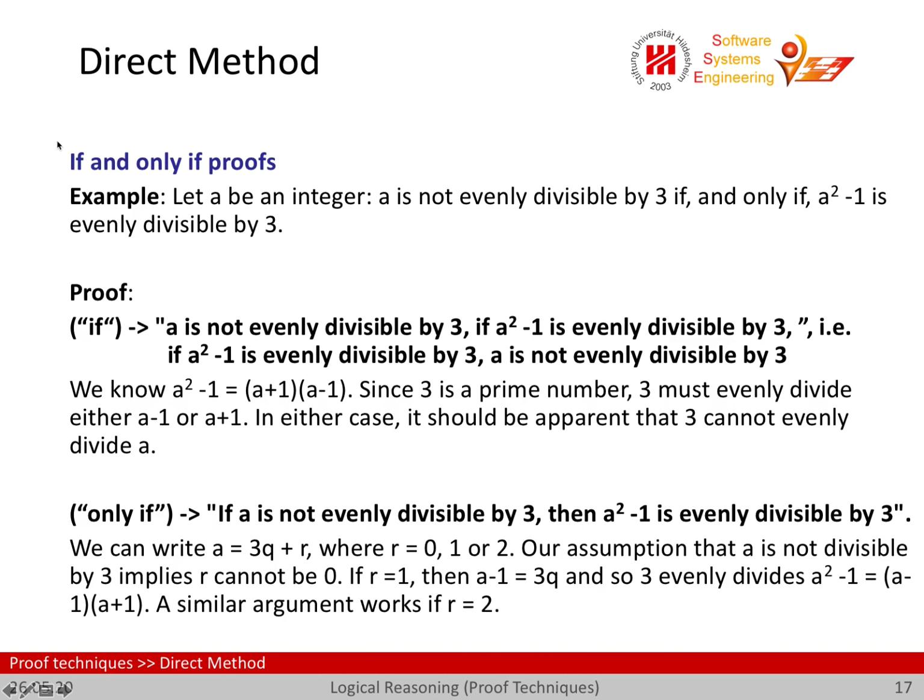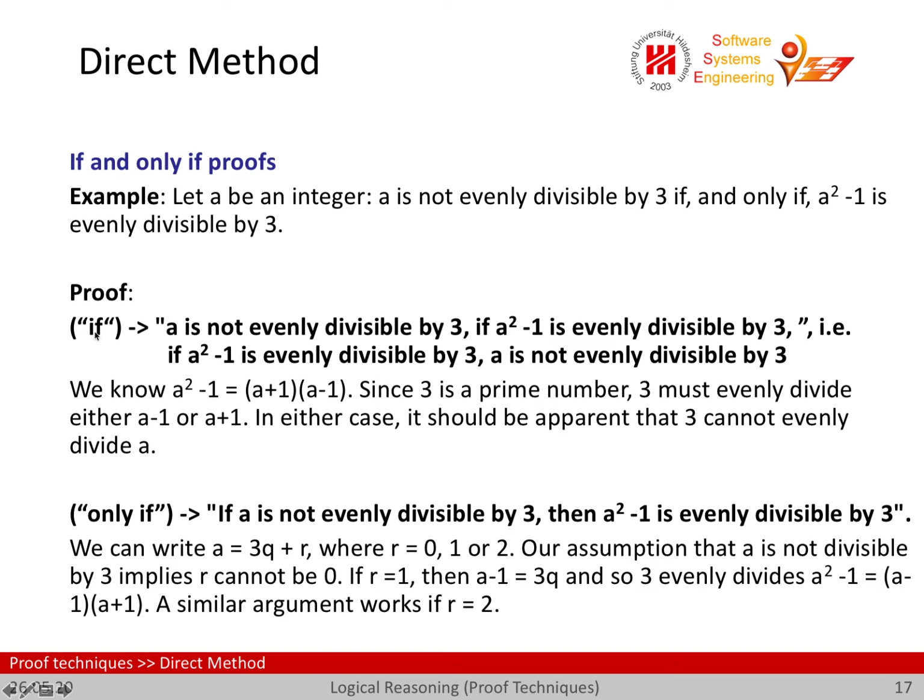Now let's do an example for an if and only if proof. Let A be an arbitrary integer. So our example is A is not evenly divisible by 3 if and only if A square minus 1 is evenly divisible by 3. So in that case, we take it apart, as shown here below.